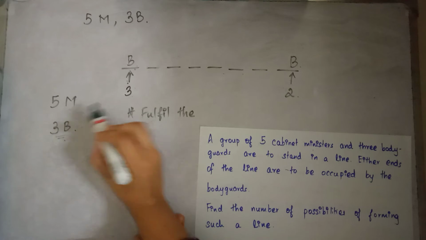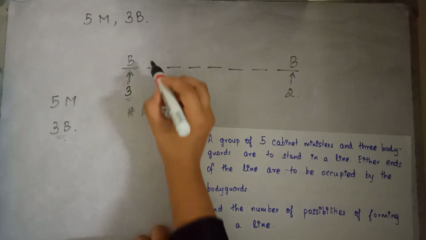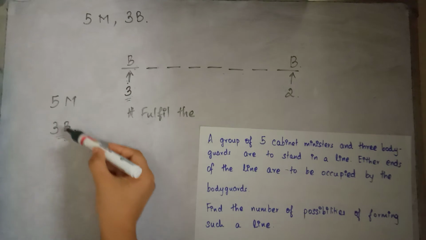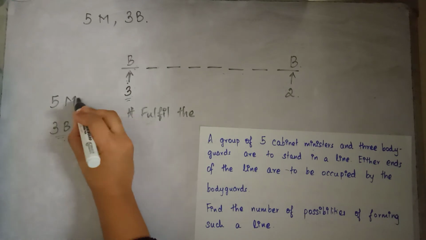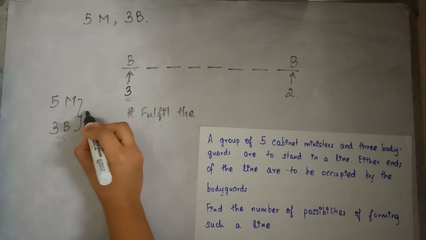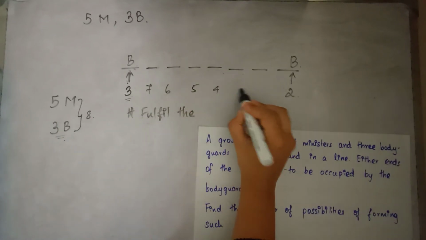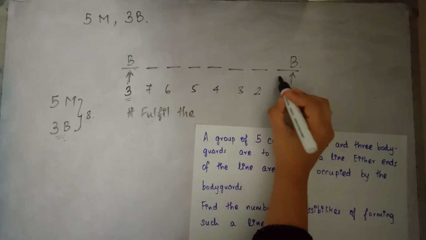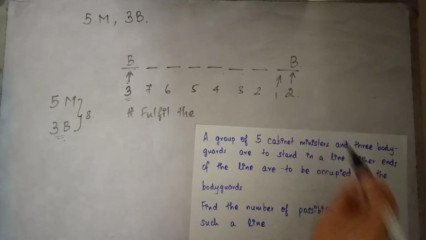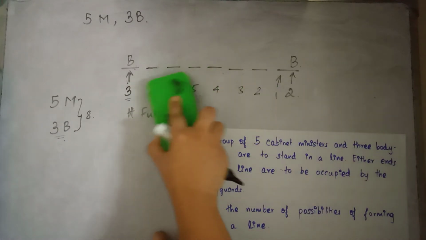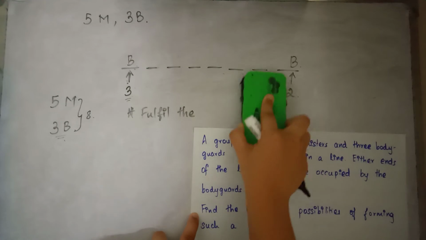Then I would have placed 3 over here and directly come to this spot instead of going here. So here, how many people are left out? I have a total of 8, right? So 7, 6, 5, 4, 3, 2. This would be 1, not 2. And that is not proper, that's wrong. So I'll first fulfill the conditions given.